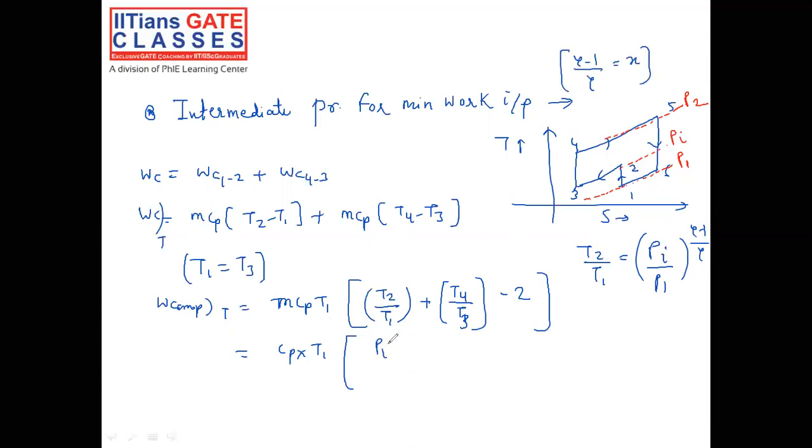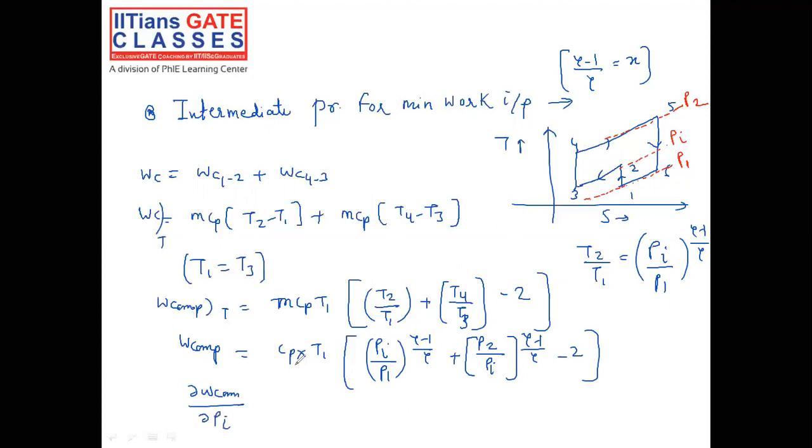Now Pi divided by P1 to the power X, plus, similar way T4 by T3 we can write down P2 divided by Pi to the power (gamma minus 1) by gamma. Now we need to differentiate this compression work with respect to Pi, that is intermediate pressure.